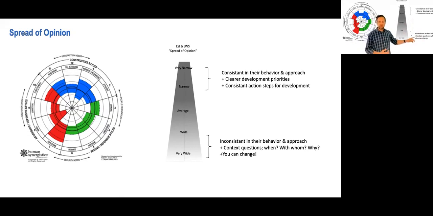The first point is it gives us an opportunity to ask the focal participant why those differences exist. Why do you use achievement-oriented behavior with this group, but not with that group? Or, what's going on there? I always find these to be some of the most interesting questions, because it really creates awareness in the focal participant when they start to realize that I do achievement-oriented, goal-oriented kind of things with these groups, but I don't do that with other groups.